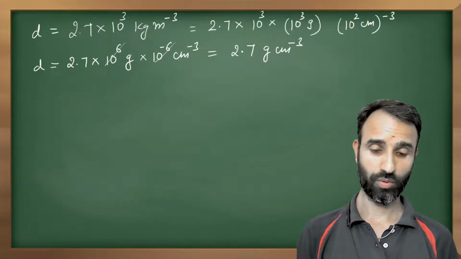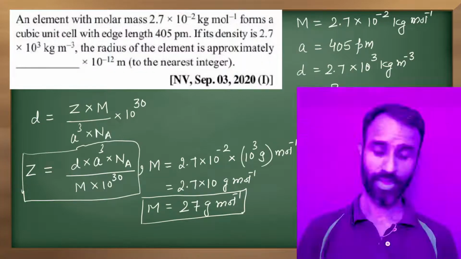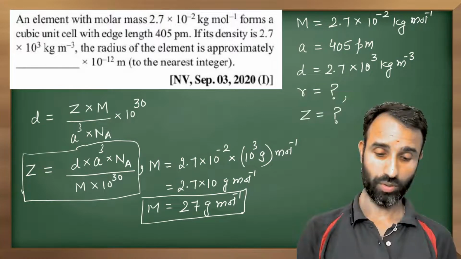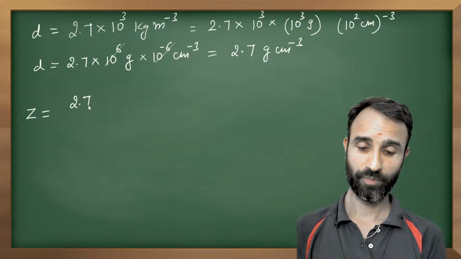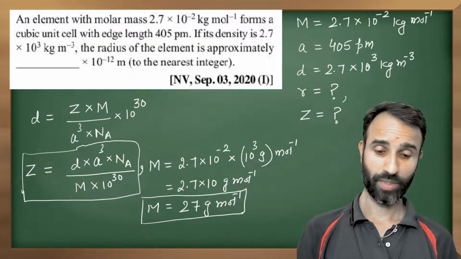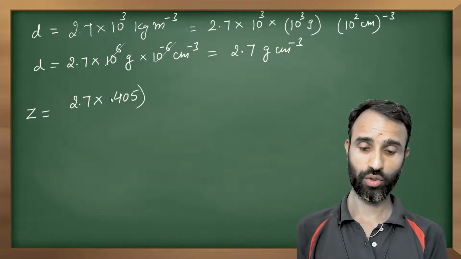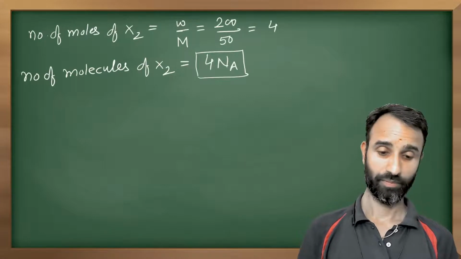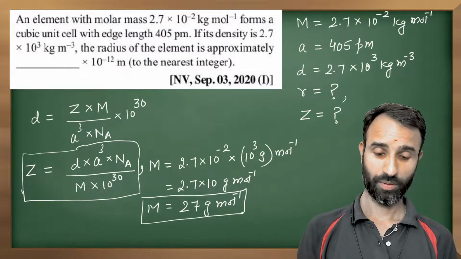Okay, so now Z equal to D. What is the value of D? D is 2.7. Then A cube. A is 405, and A should be in picometer.